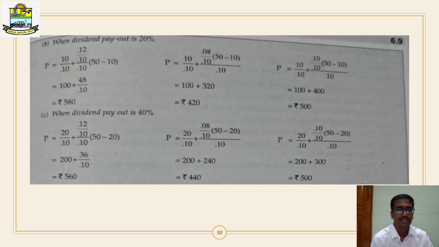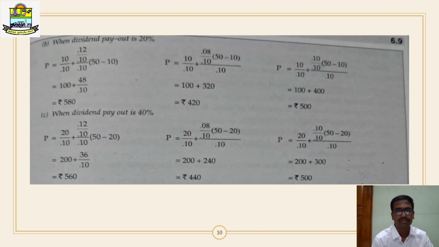The market price is 580 at the 10% capitalization rate with a rate of return of 12%, and the market price is rupees 420 when the capitalization rate is 10% and the rate of return is 8%, and the market price is rupees 500 when the capitalization rate is 10% and the rate of return is 10%.